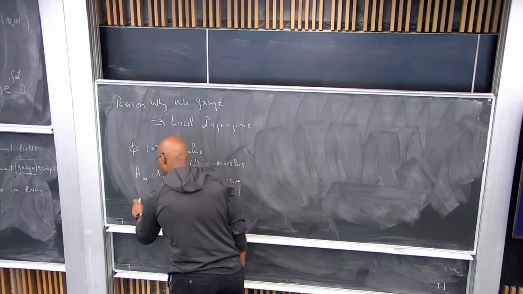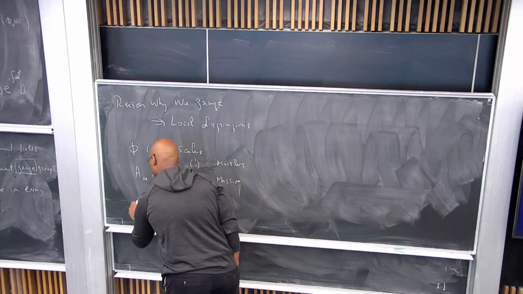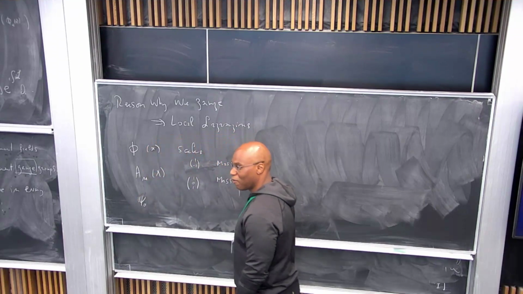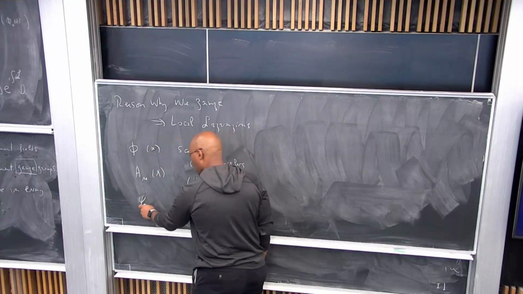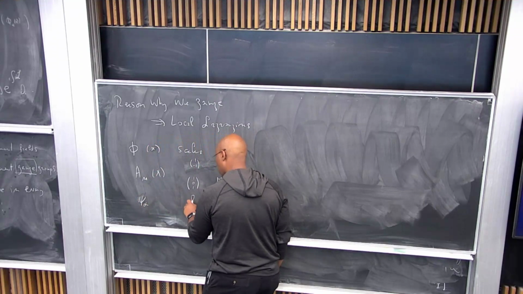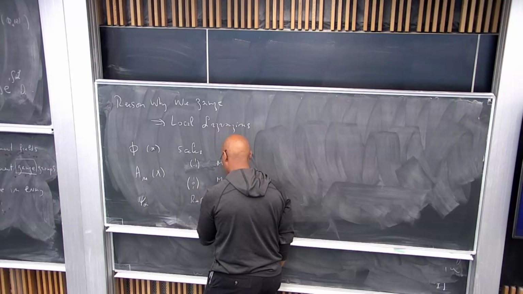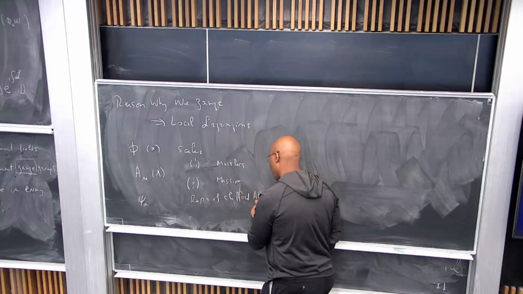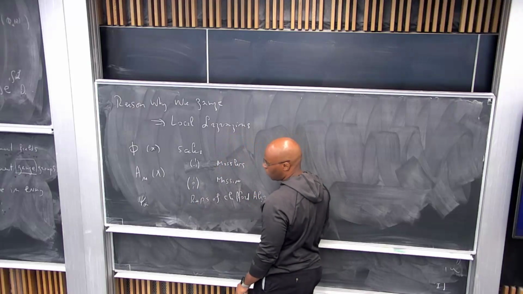You can have fermionic fields, which are going to be given by a representation of a Clifford algebra of whatever is the dimension that you're working with.